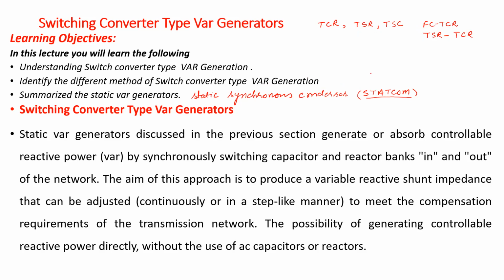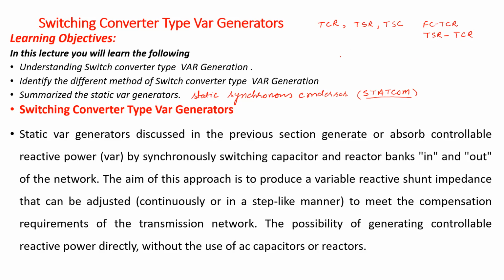So we are simply connecting and disconnecting, or applying smooth control over the reactor as well as the capacitor to meet the required compensation in the transmission line.